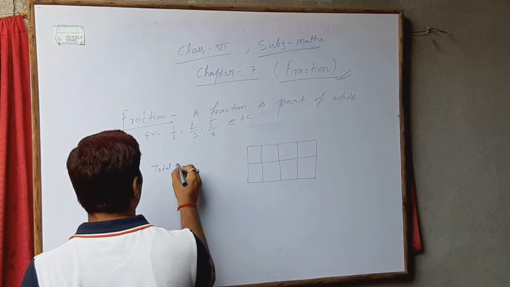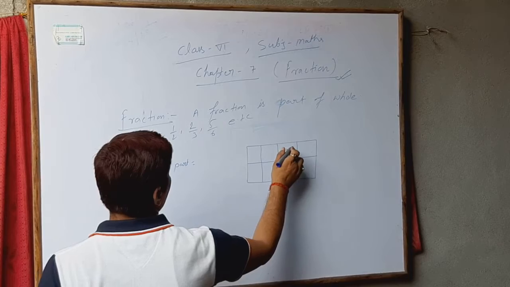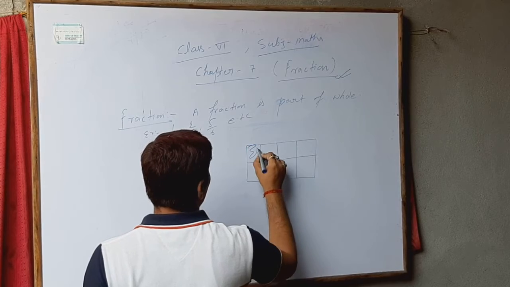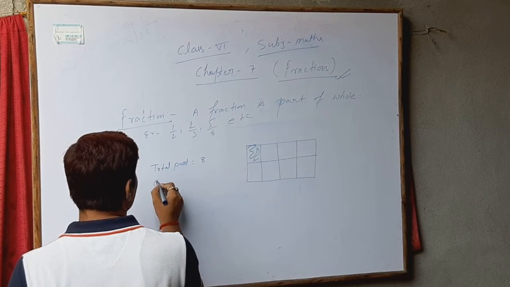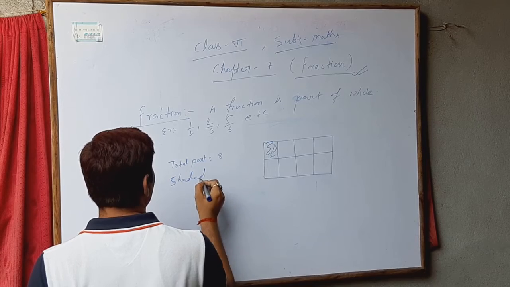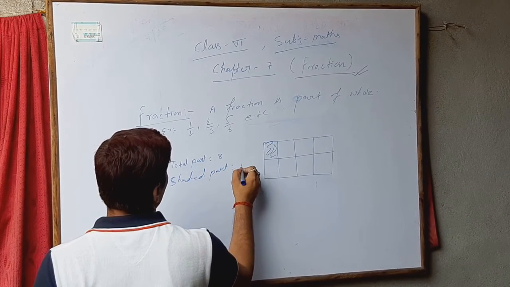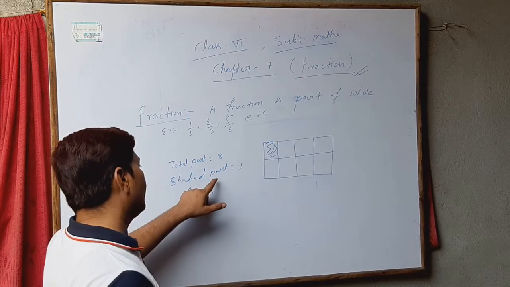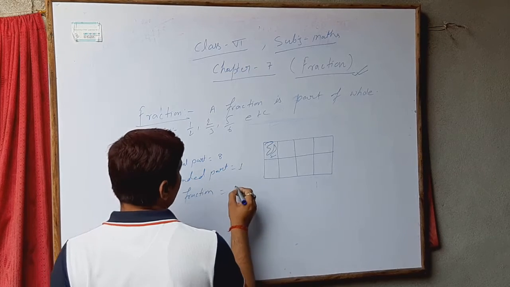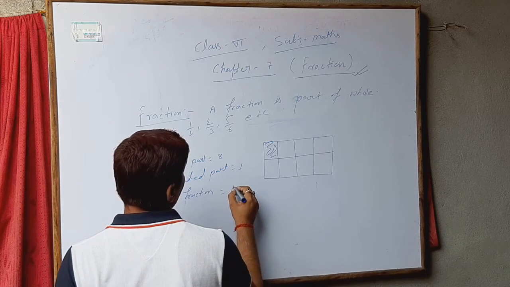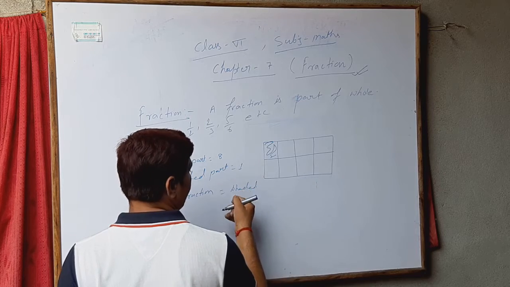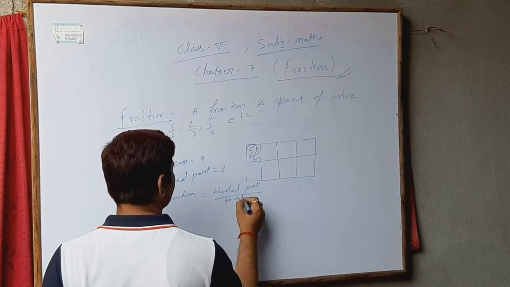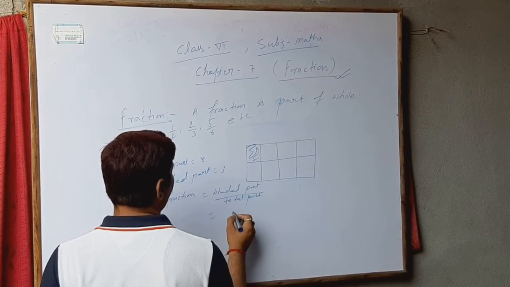Firstly you see total part is equal to 1, 2, 3, 4, 5, 6, 7, 8. 8. Now taken part only 1. Shaded part is equal to 1. Now fraction is equal to shaded part by total part. Shaded, or we can say taken, shaded part by total part. Now you see very simple, 1 by 8.